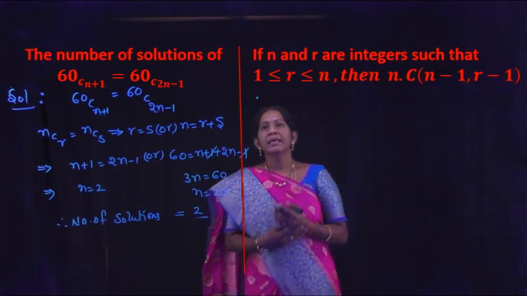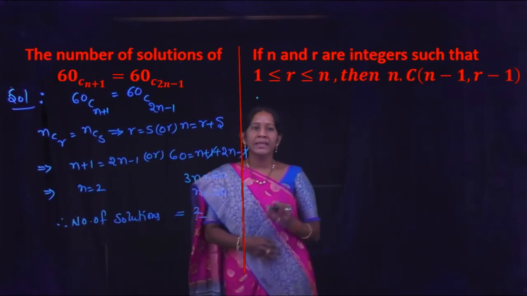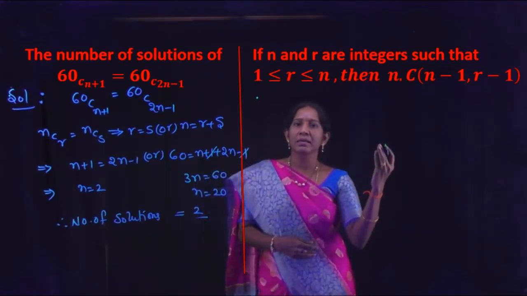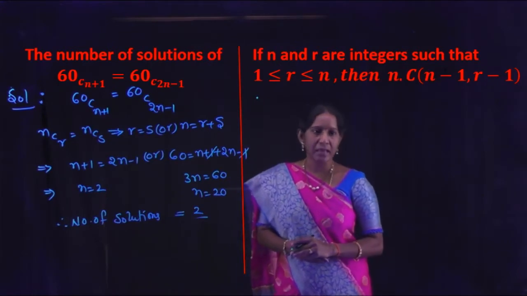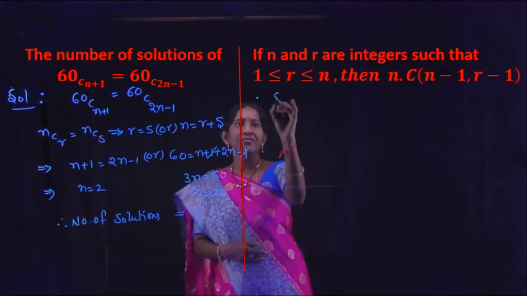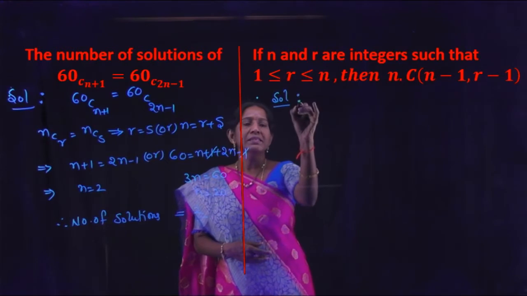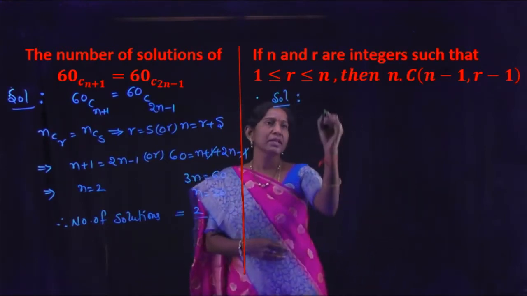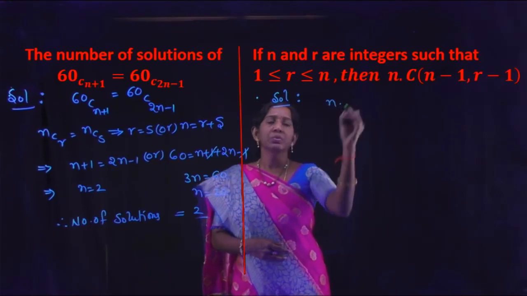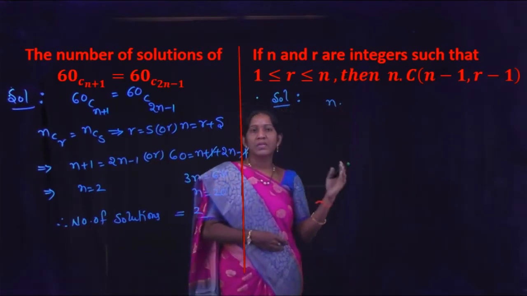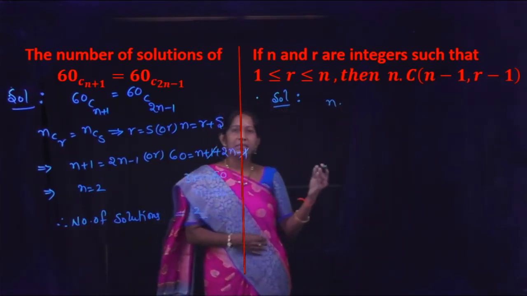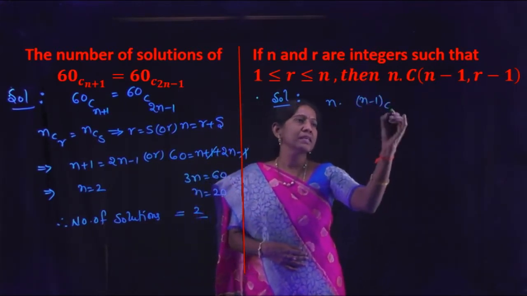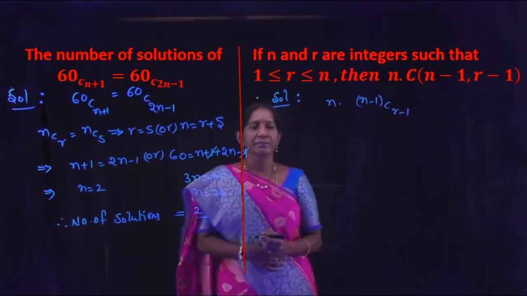If n and r are integers, 1 less than or equal to r, less than or equal to n, then find the value of n into (n minus 1)C(r minus 1). That is n into (n minus 1)C(r minus 1).